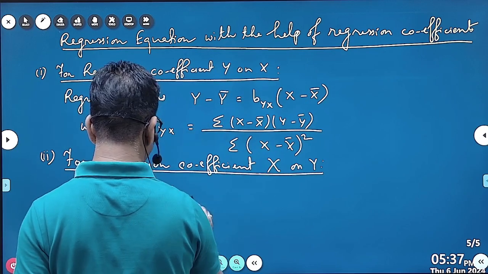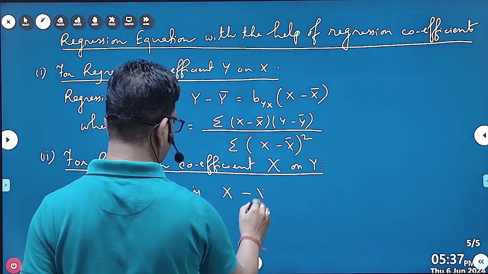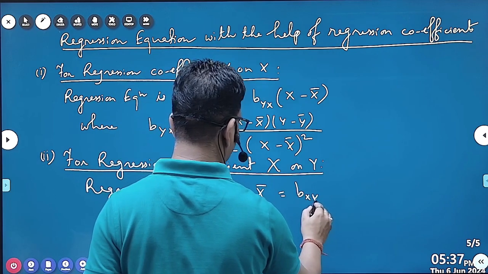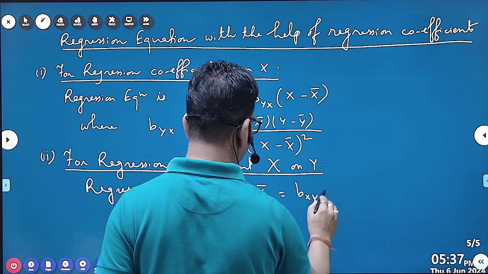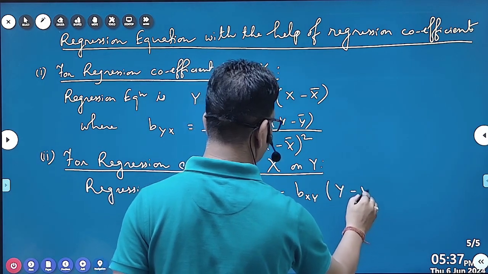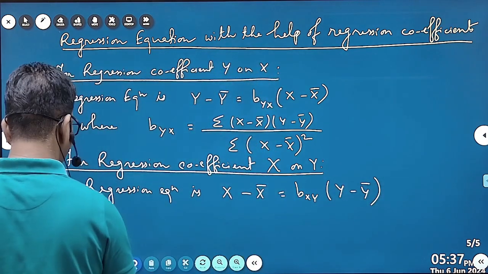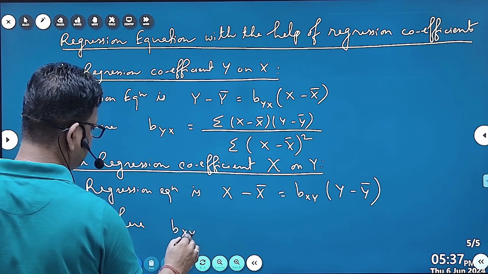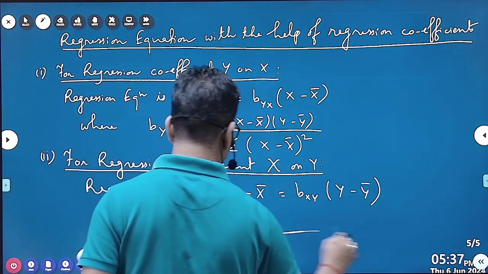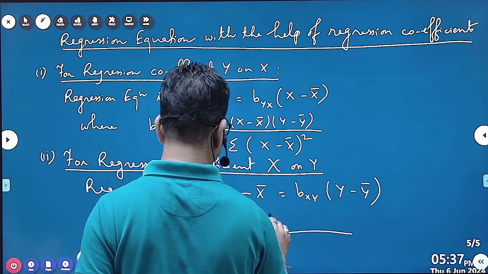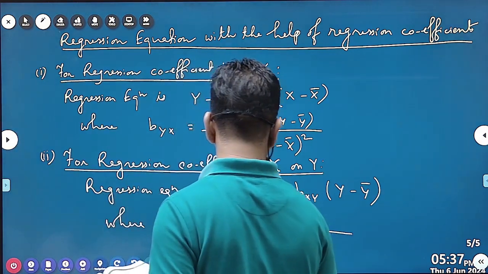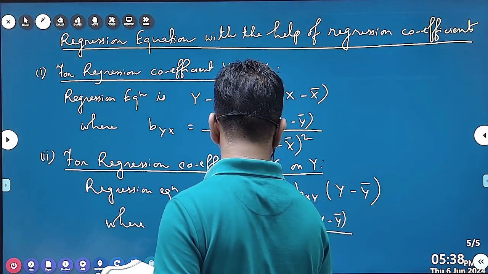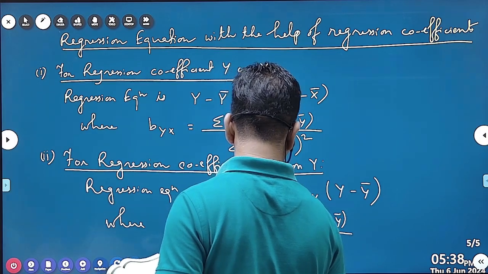So the regression equation is x minus x bar equals b of xy times y minus y bar, where b of xy, regression coefficient x on y, is summation of x minus x bar, y minus y bar, divided by summation of y minus y bar whole square. This question we'll try after I explain it.